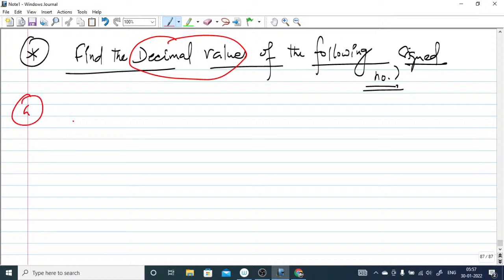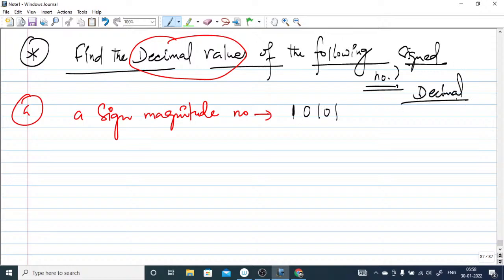So the very first problem is a sign magnitude number, given as 10101. Whenever they say sign magnitude, you consider the first bit as the sign bit, and the remaining bits are the magnitude.